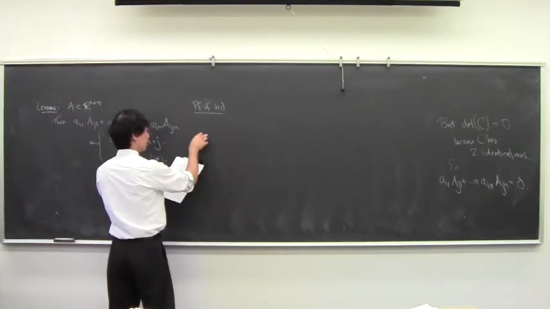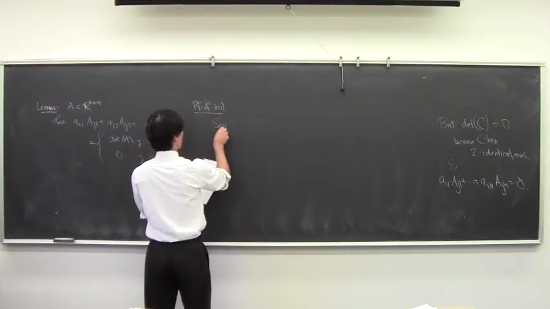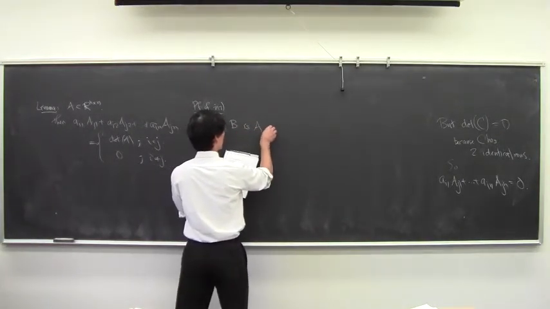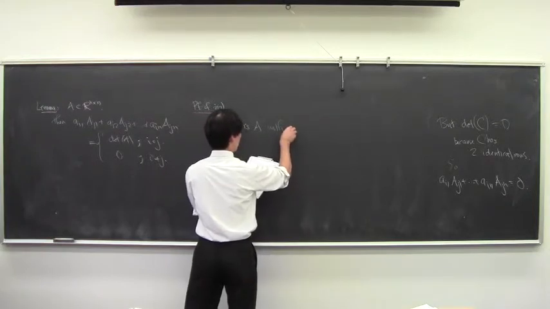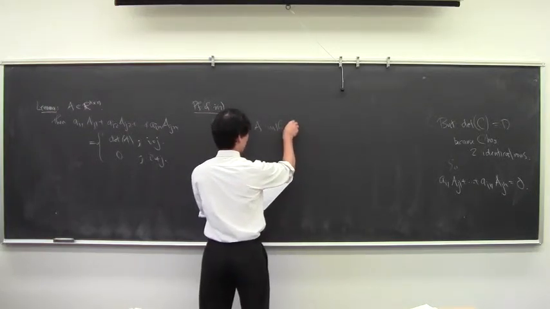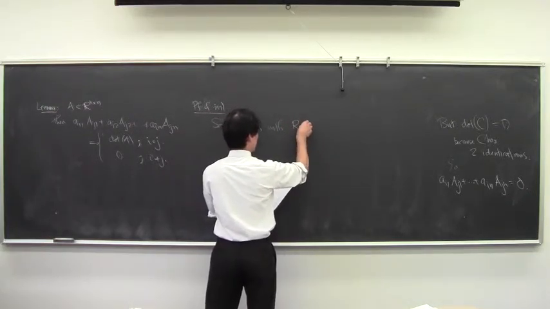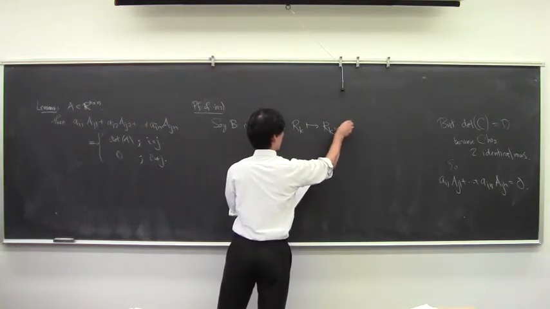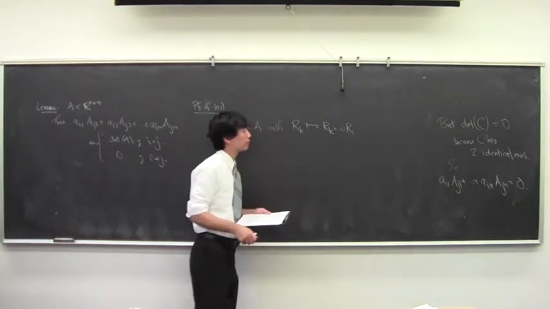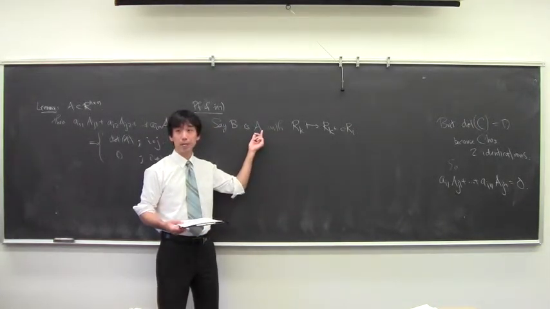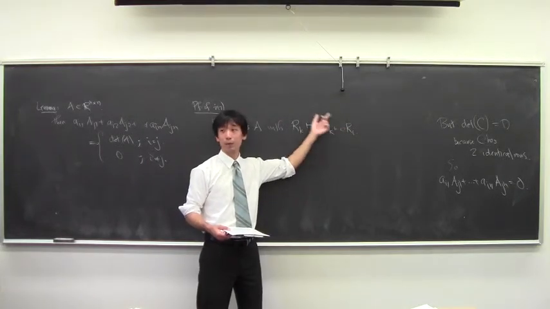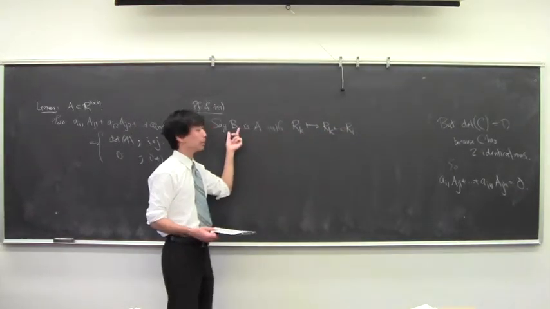Let's say that the matrix B is the matrix A, but with the kth row turned into Rk plus c times Ri. So you take the matrix A, and then you take the kth row and add on c copies of the ith row onto that, and you end up with this guy, B.